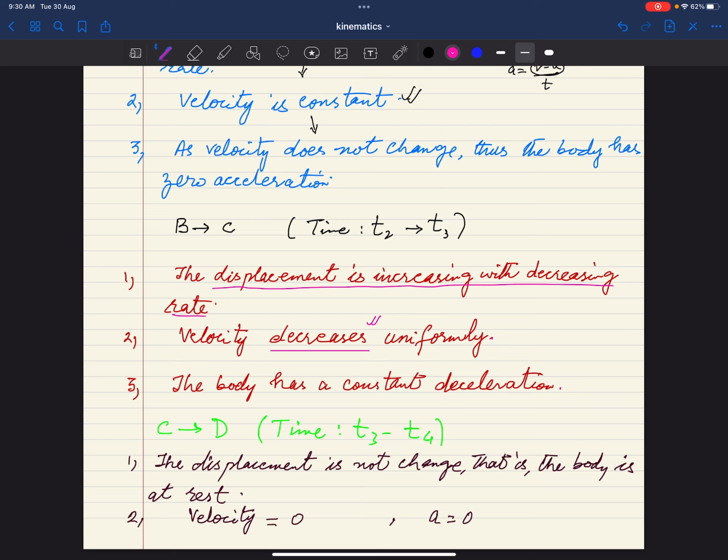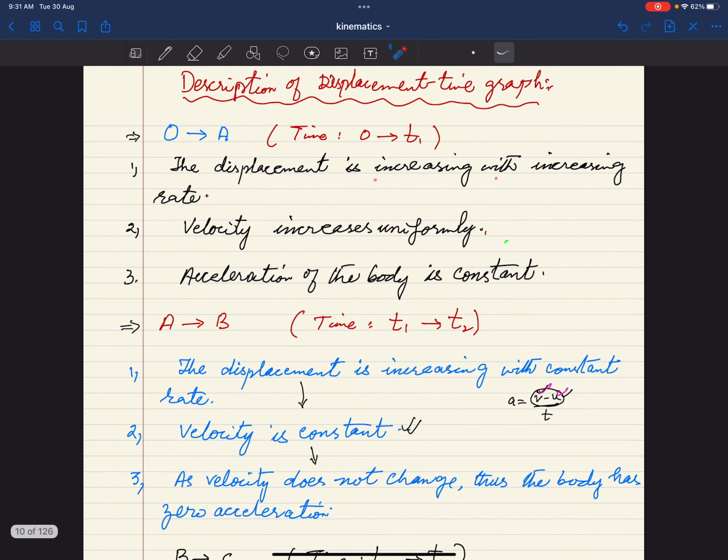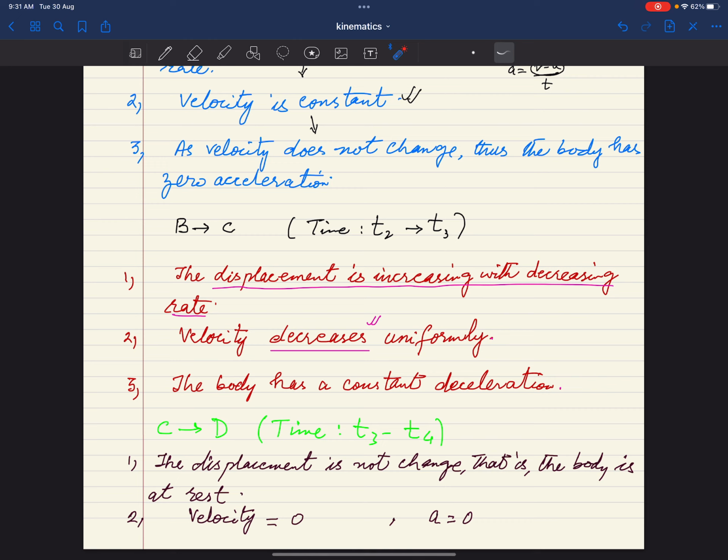So this is very, very important. Sometimes negative will show you the direction, and sometimes this will show you the decrease. But in this region, as you can see, that from B to C, there is a decrease in velocity because of the decrease in gradient. So simply you can say that the deceleration is taking place. And this is what we have written in the third point. The body has a constant deceleration.